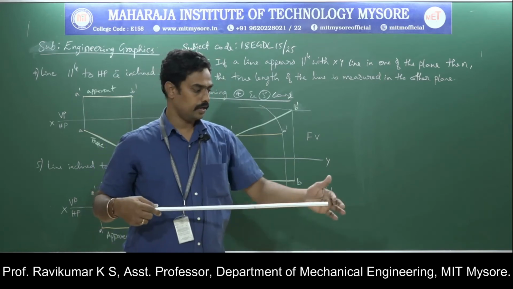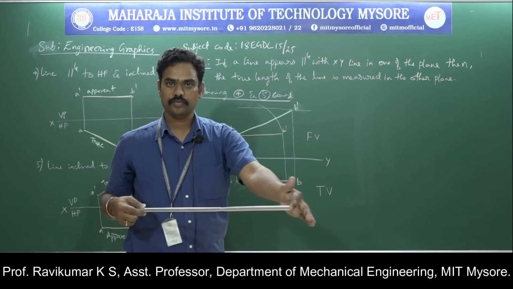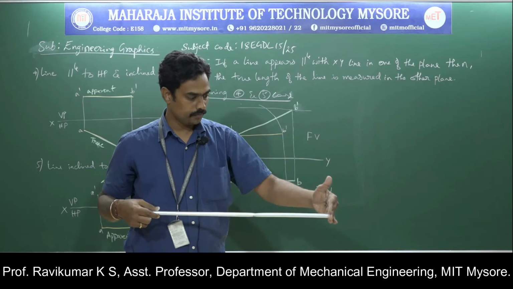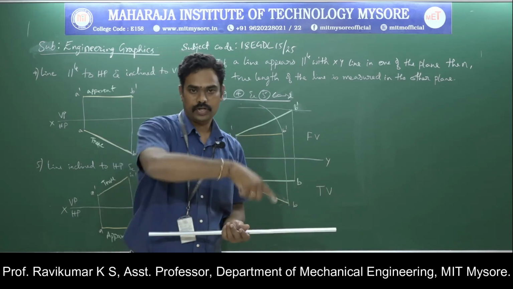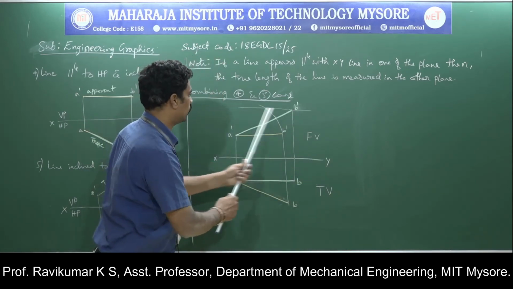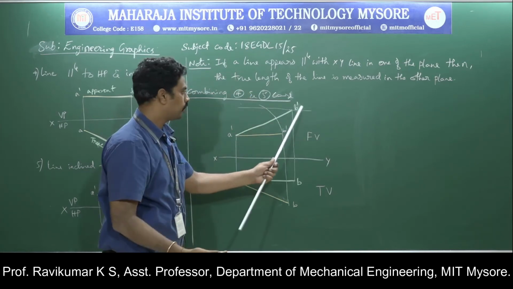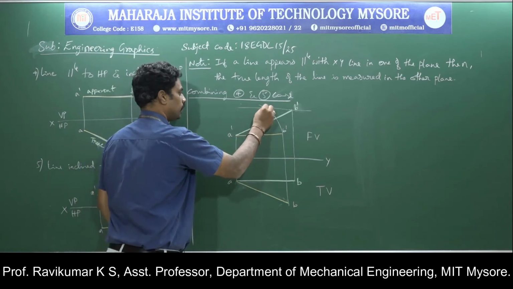Or you can observe this point here. If you draw the curve, that curve in the front view will look like a straight line. That is this straight line. In the top view it will be a circle, but in the front view it looks like a line. So you will get this particular point.